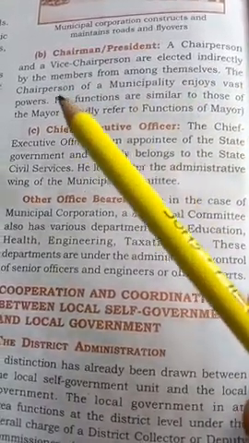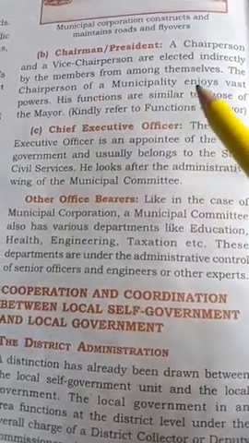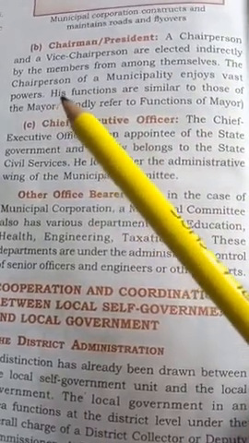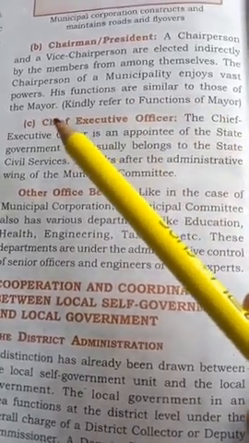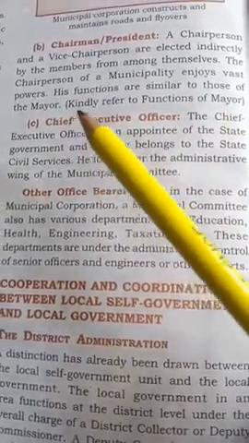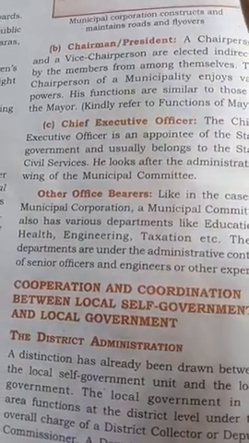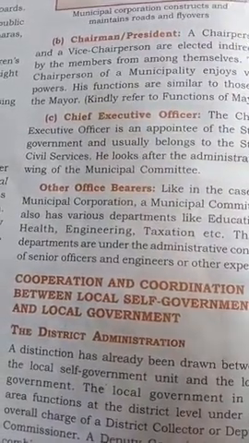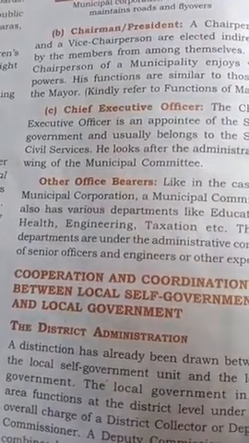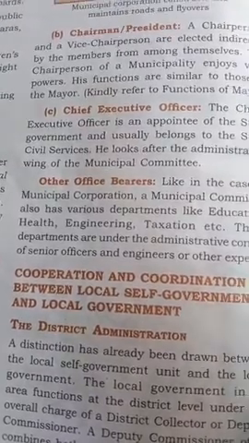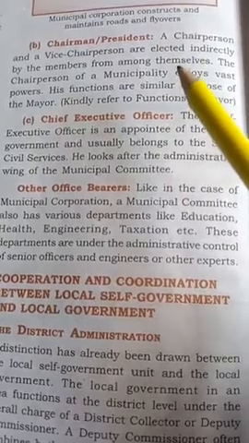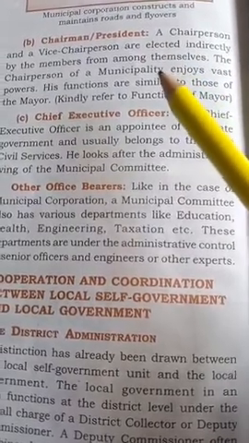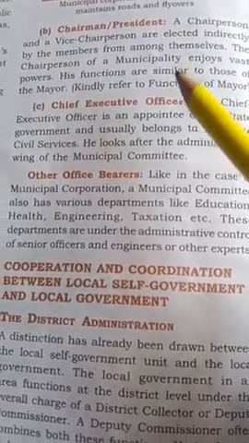The chairperson of a municipality enjoys vast power. His functions are similar to those of the mayor. Here we can see, as the mayor has dignity and status in the municipal corporation, in a similar way the chairman and president of the municipal committee also have the same status.